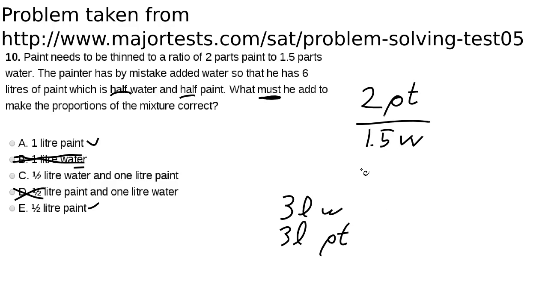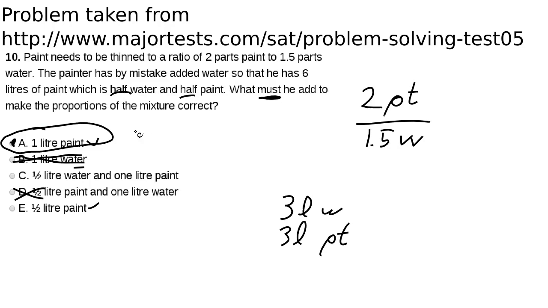3 liters of water is, if these units up here were liters, he's got 2 of those. He really needs 4 liters of paint. Add 1 more, boom, right there. That worked out nicely to think about it that way.